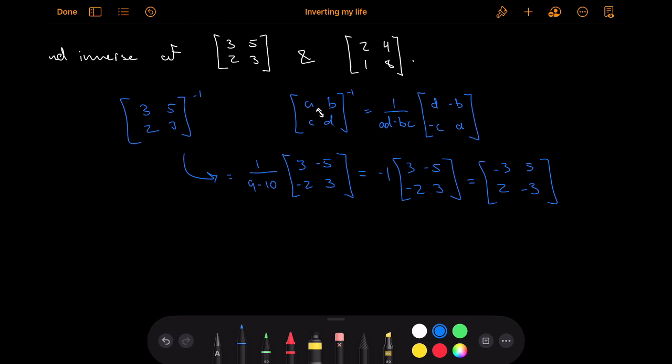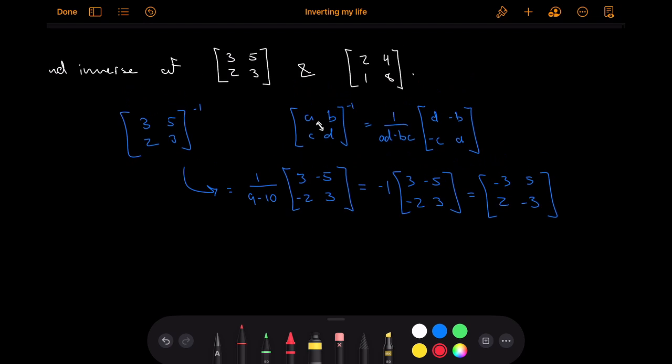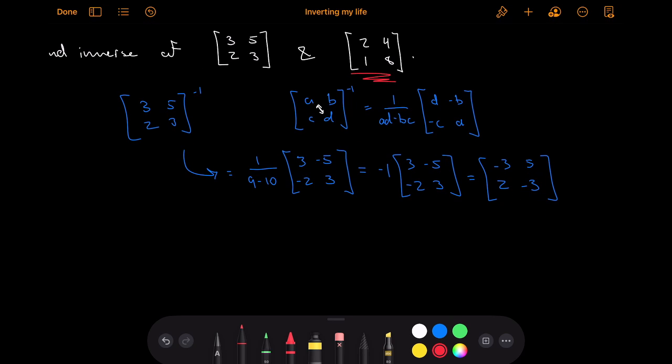For the second one, again, we're just going to repeat the same process. I'm just going to use a different color, red. The inverse of 2, 1, 4, 8 is equal to 1 over its determinant, which is 16 minus 1 times 4, which is 4.